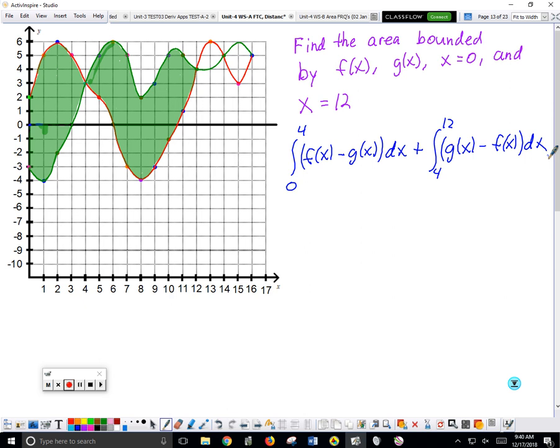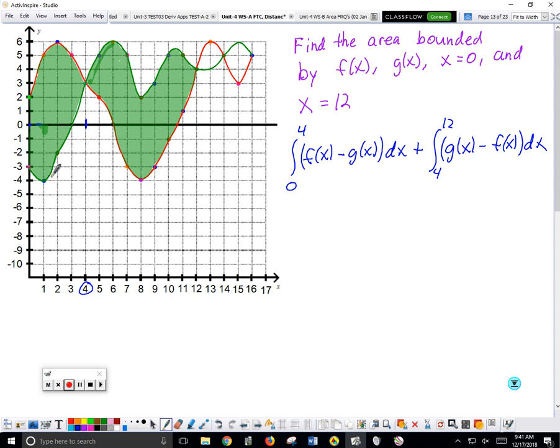Question? If you need me to repeat anything, just wait. So in this section, which begins at x equals 0 and ends at x equals 4, the function that is forming the top of every rectangle is f.